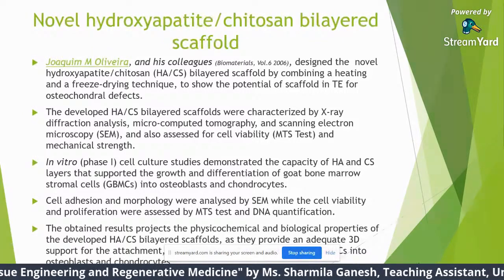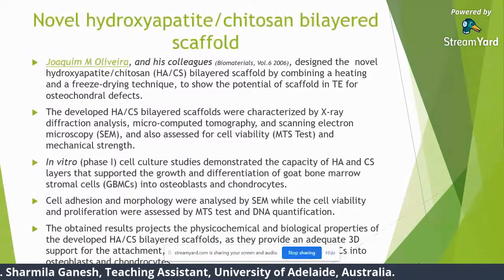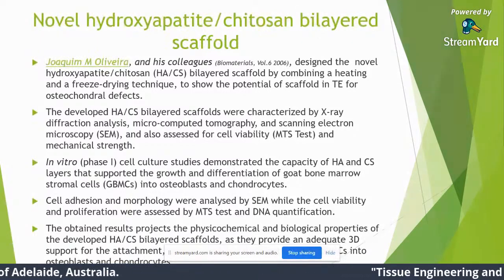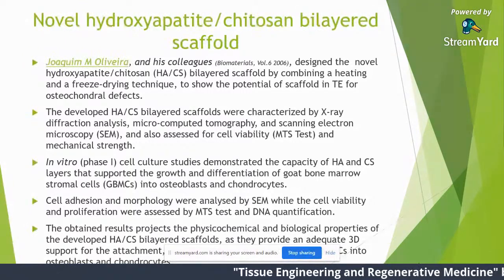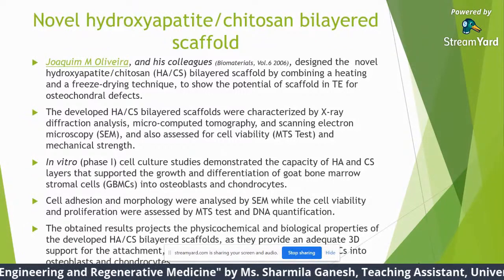Here they developed the bilayered scaffold, and this was characterized by X-ray diffraction analysis, microcomputer tomography, and scanning electron microscopy. They also assessed cell viability by the MTS test, and its mechanical strength.